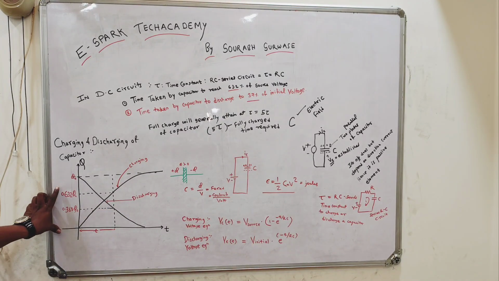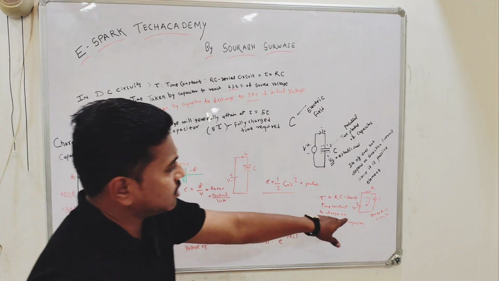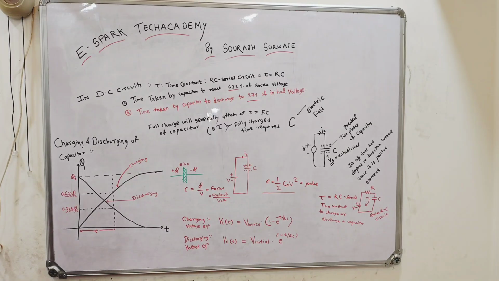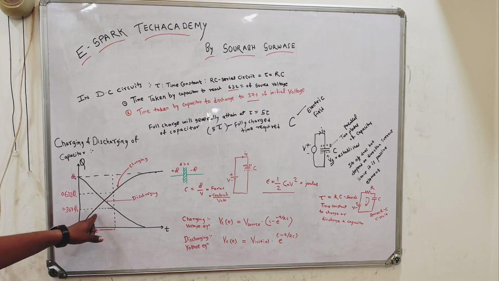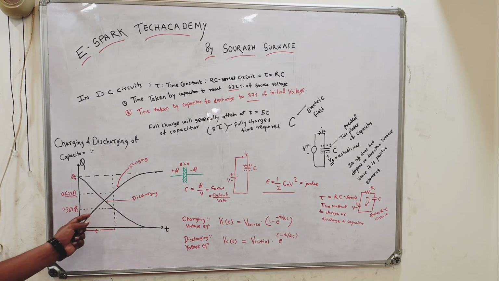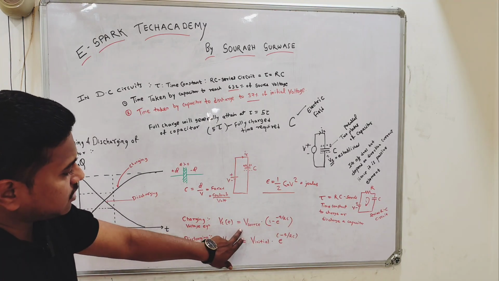Now the charging cycle. In this charging cycle, we have applied a voltage in this RC circuit. As time proceeds, the capacitor will start charging slowly, meaning accumulating the charge slowly. This is given by the charging equation.